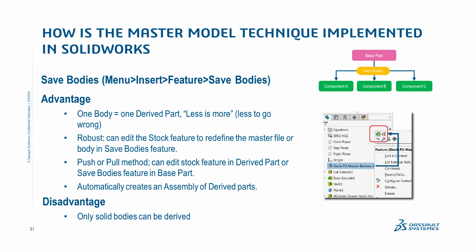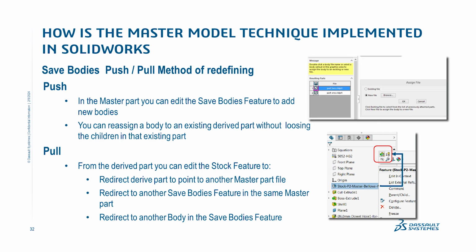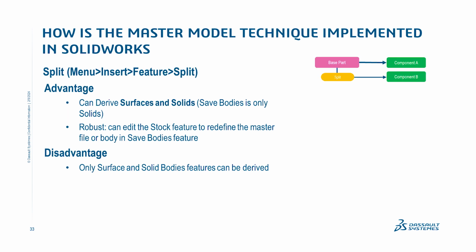With insert part, it's basically up to the derived part author to go and find the master and assign their own body. And this is what I'm talking about with the push-pull method. It becomes a powerful and useful option for correcting any issues you might have with save bodies.